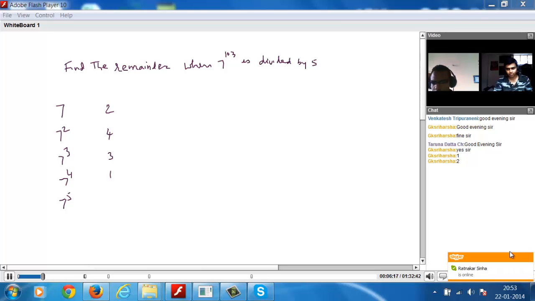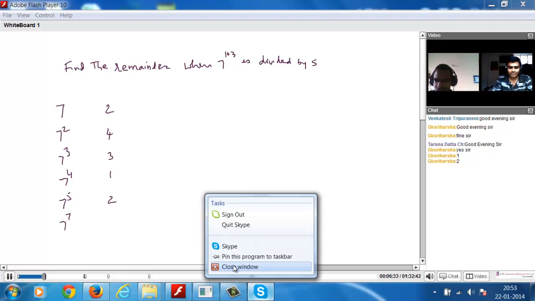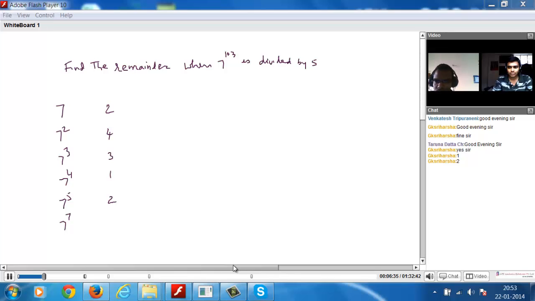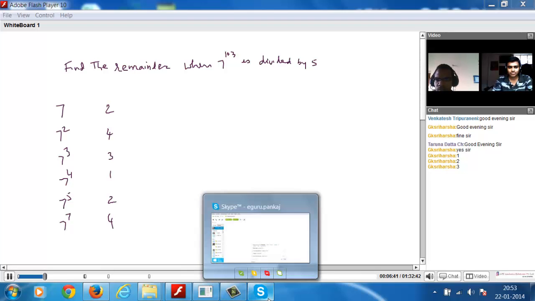Now we have got 2, 4, 3, 1. Will other digits like 5, 6, 0 come, or is this pattern continued? What is 7 power 5? How much will it leave? Since the last digit is 1 into 7, it will always be 7.